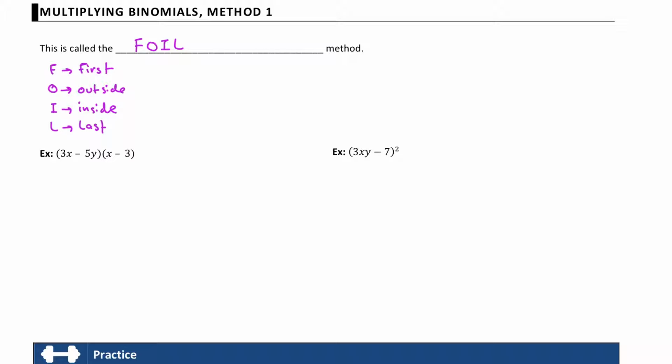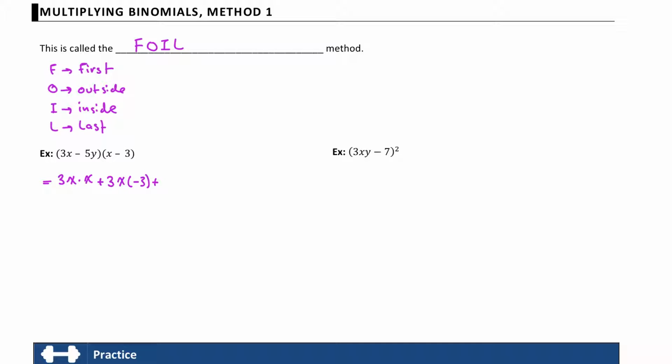When we're talking about first, we're talking about the first term in both of the binomials that we're trying to multiply. So the first term here is 3x times x. So we can write it as 3x times x. And then O stands for outside, meaning that we multiply the outside terms of both of the binomials. If you look at this whole shape, the outside terms are 3x and negative 3. So I will multiply 3x times negative 3.